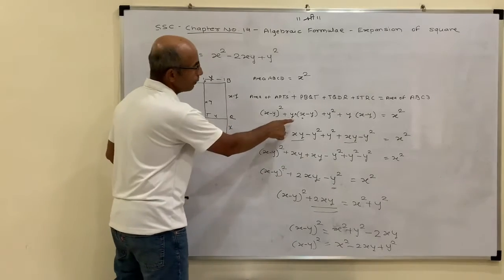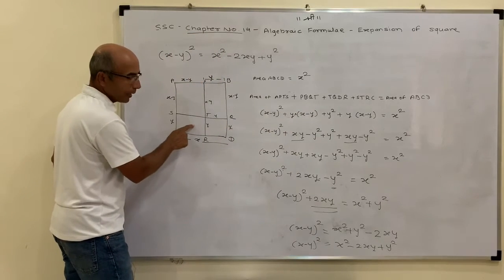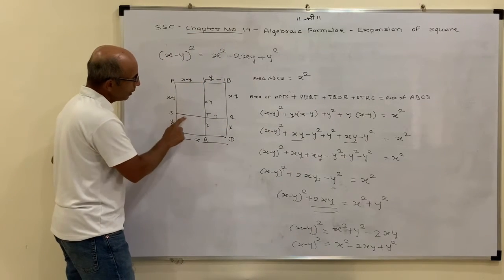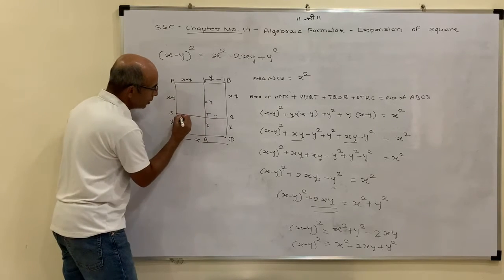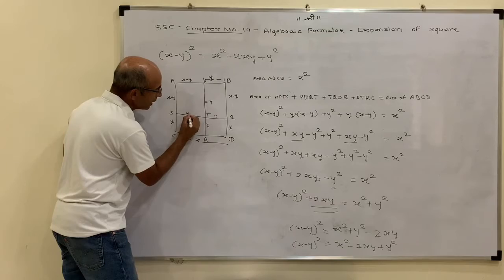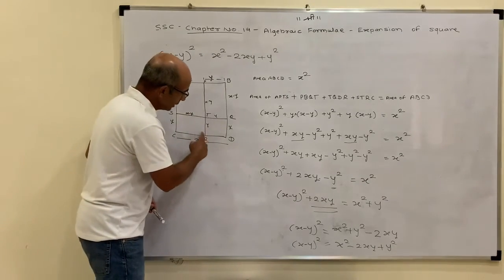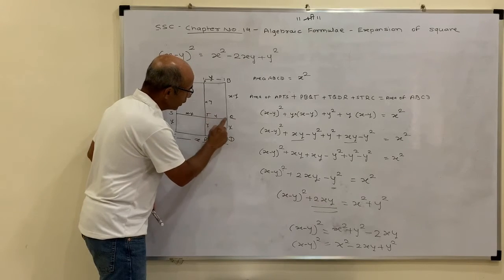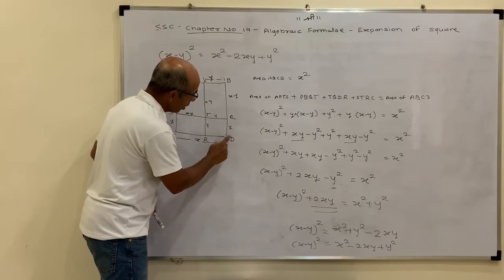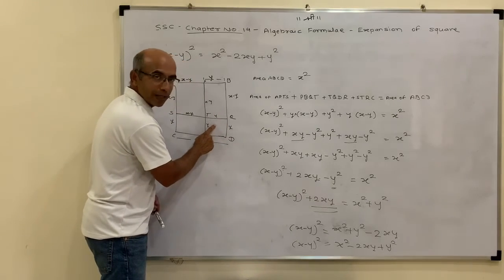So I multiplied Y with X minus Y. Similarly, this is a rectangle, so I multiplied Y with X minus Y. Here you need to understand, since this is a square, this side is also X minus Y. And then this is a square, so the area of the square TQRD or TQDR is nothing but Y square.